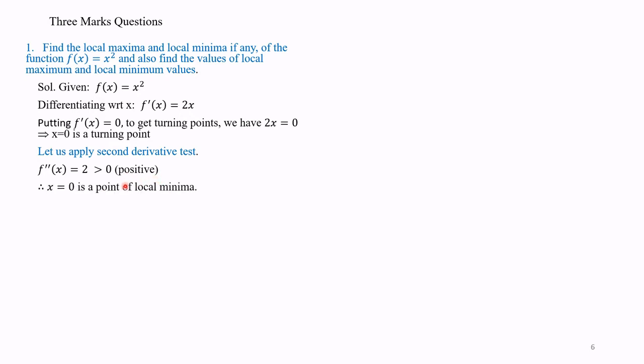Therefore, x equal to 0 is a point of local minima. Local minimum value equals f of 0. F of 0 is equal to 0.